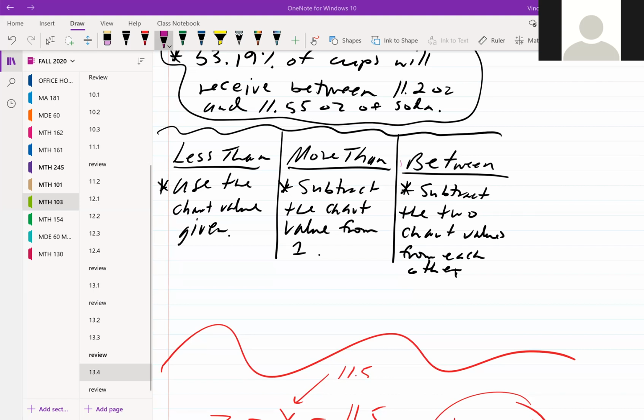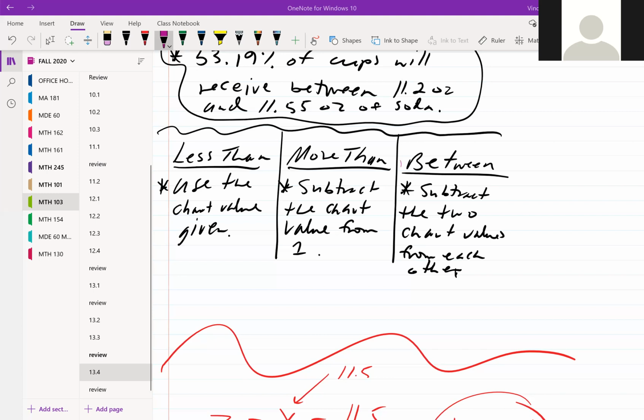That's not difficult. So 5 says find the z-score to the nearest hundredth that satisfies the given condition, and it's 0.2, the area of the standard normal distribution to the right of z. Okay, let me check my notes.